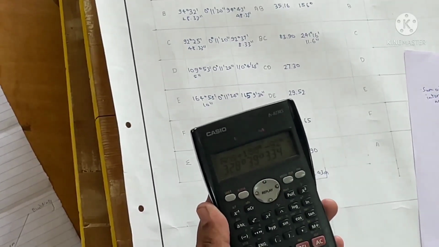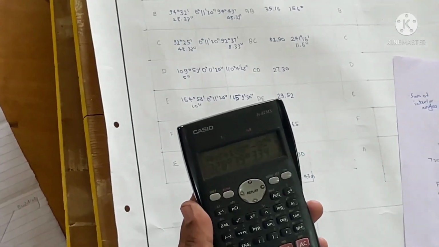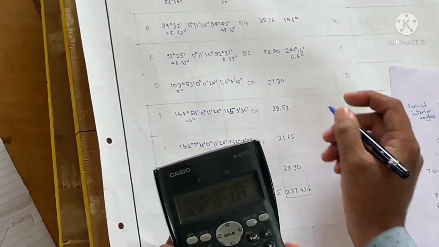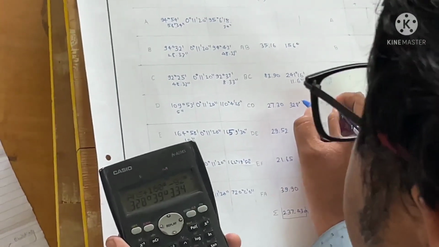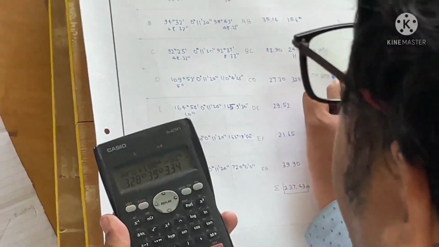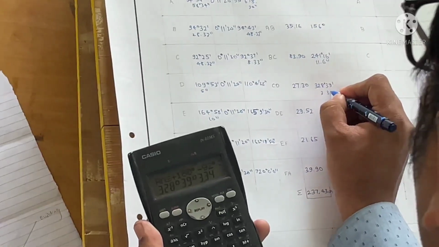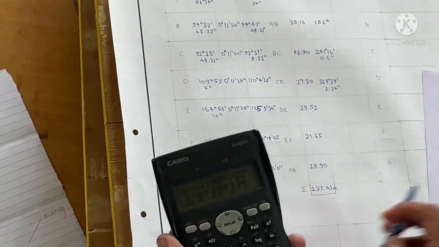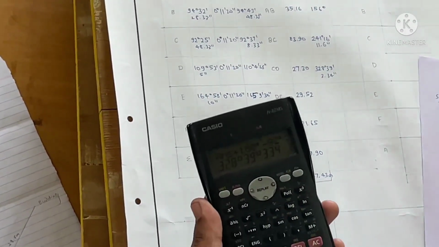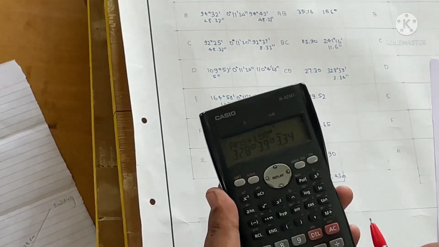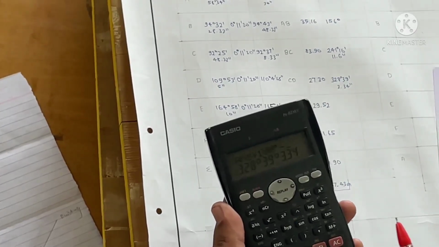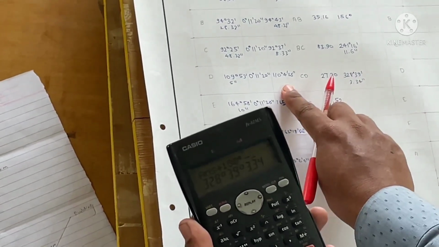So which gives me 328 degree, 39 minutes, 3.34 seconds. So I will write down here 328 degree, 39 minutes, 3.34 seconds.